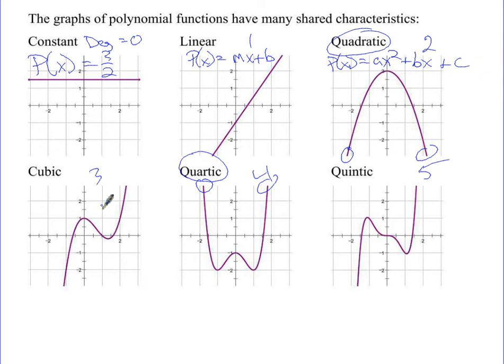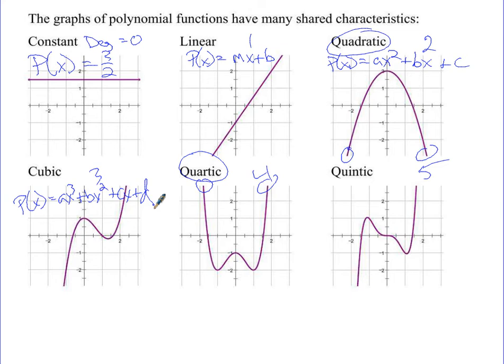So for a cubic polynomial, what is the general form? Ax to the third plus bx squared plus cx plus d, very good.